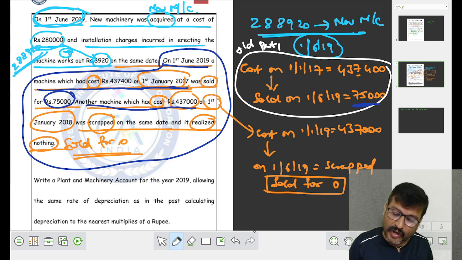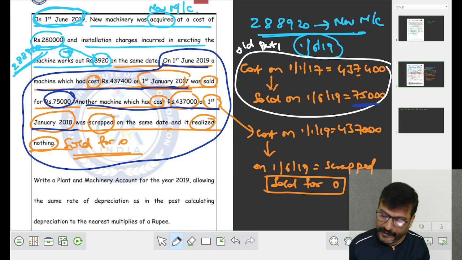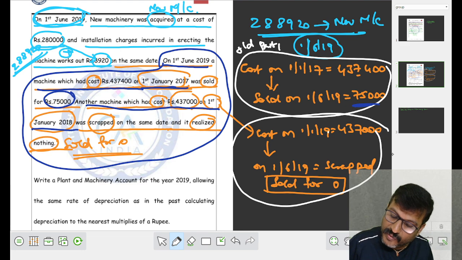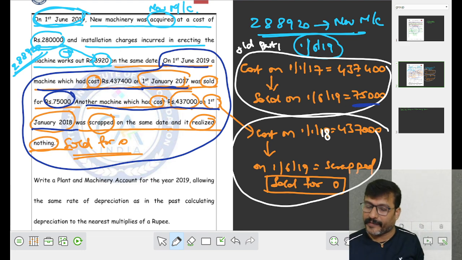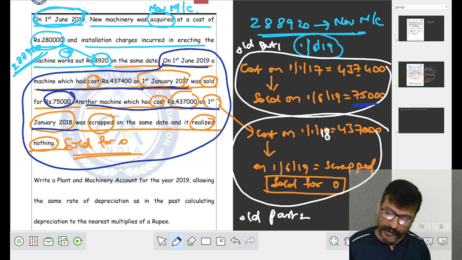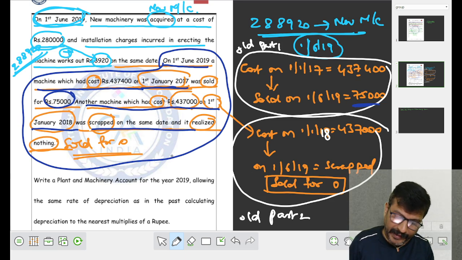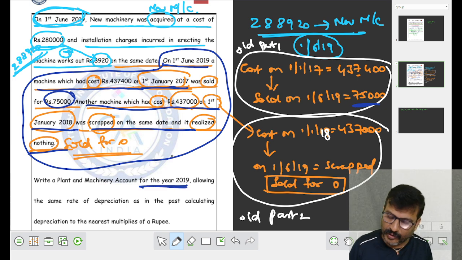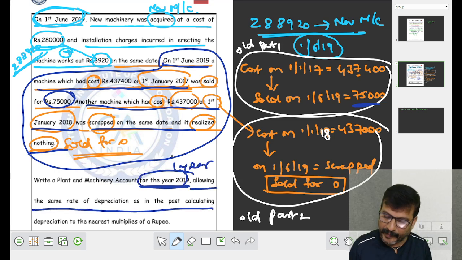Another machine which had cost rupees 4,37,000 on January 18, now he is talking about January 18, not 19, my dear student, that is old part 2, was scrapped and realized nothing, meaning sold for 0. Write up the plant and machinery account for 2019, which means we have to prepare for only 1 year, allowing the same rate of depreciation as in the past, calculating to the nearest rupee.